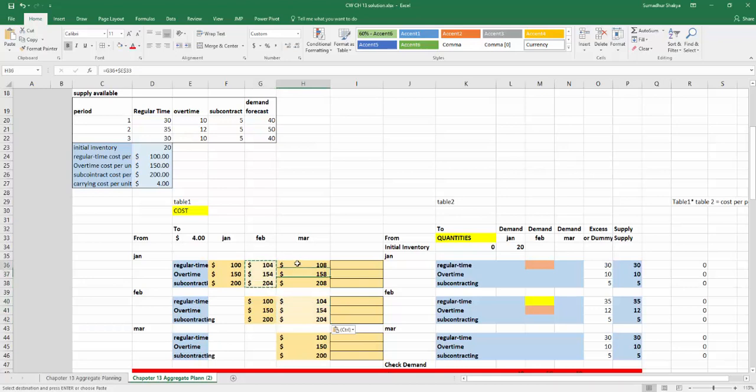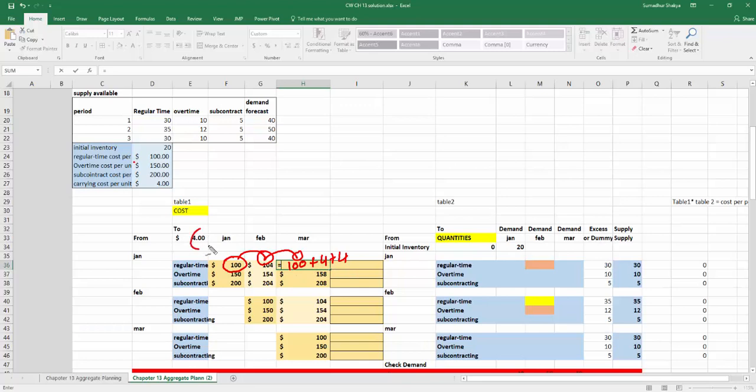And so the last one left over would be this one, which is if you were to produce something in January. Let's say if you were to produce something at regular time in January, but you were to carry it over to February and still not use it, and then carry it over to March, then there would be two periods that you stored it for, and therefore you'll have to add 100 plus 4 plus 4.